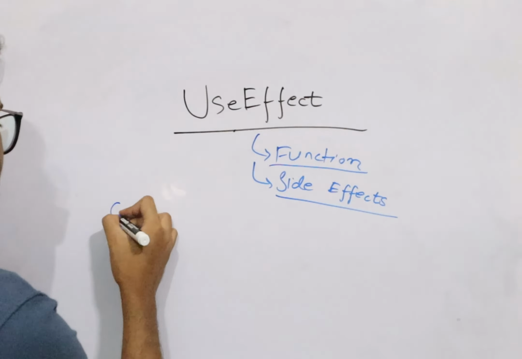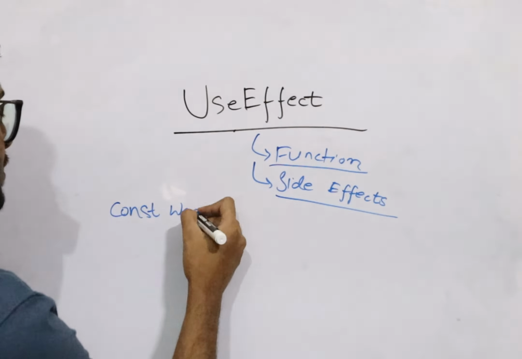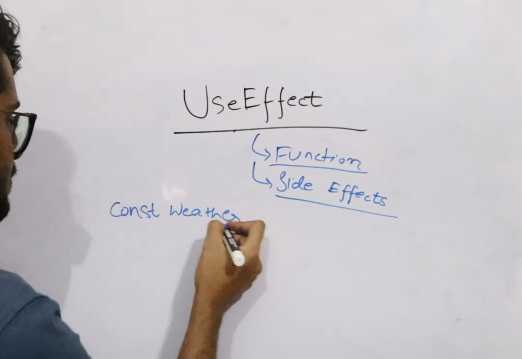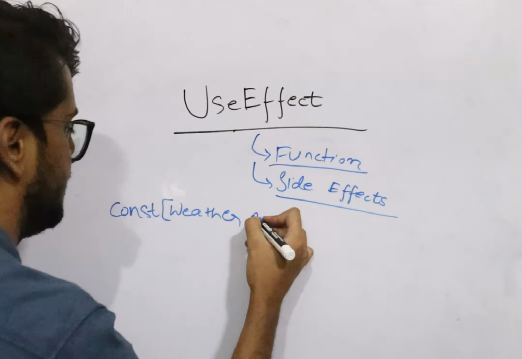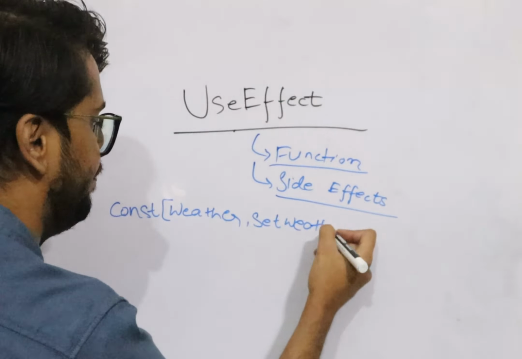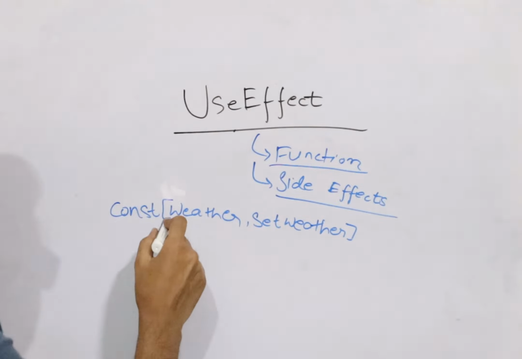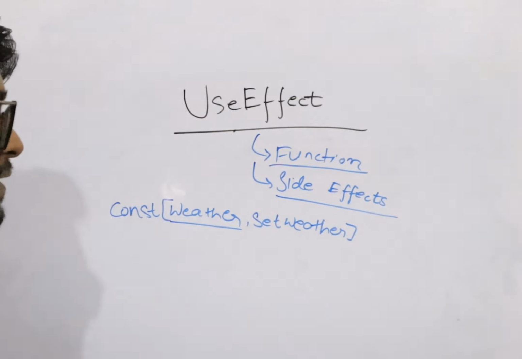Suppose that we have a state of weather. To set it, we can use setWeather, as I told you in the previous section of this video. We have the weather state, and what happens in real life when weather changes? When weather changes, it can have effects on us.